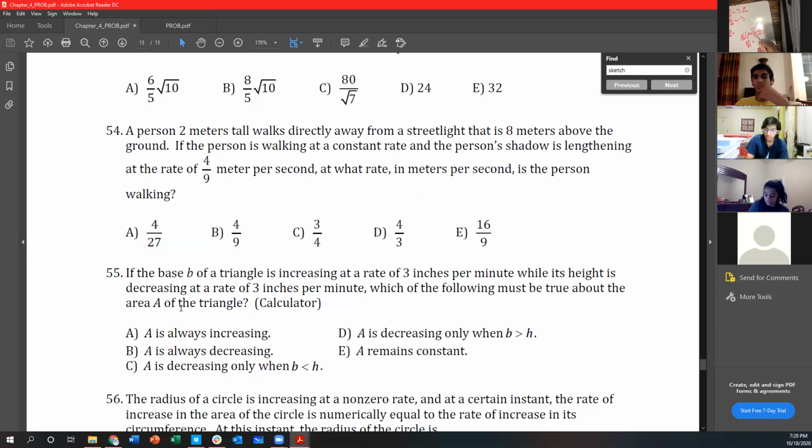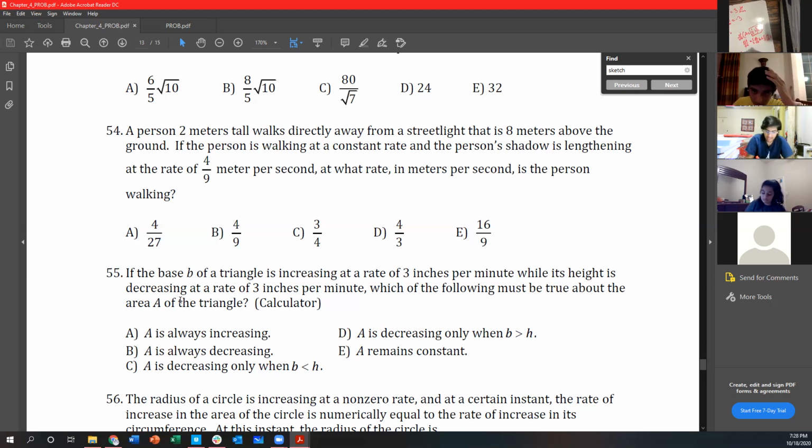Derivative of the first function is 1/2 dB dt times h, plus dh dt times 1/2 b. Now, we can plug in dB dt and dh dt because they gave that in the problem.